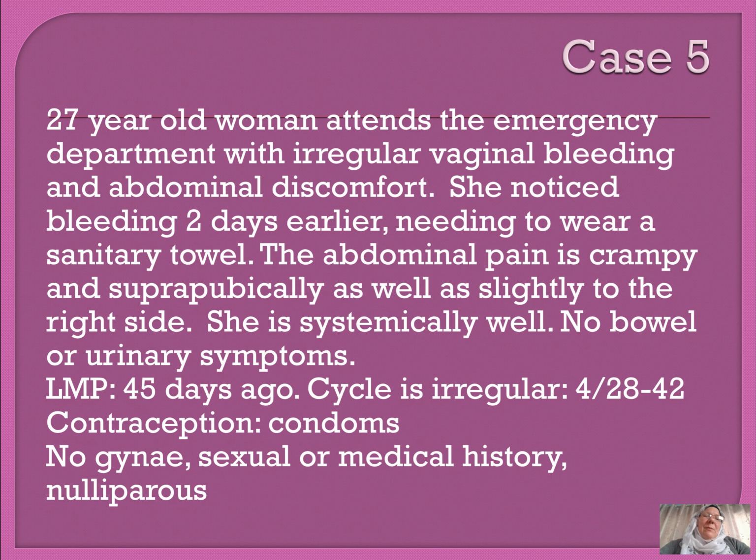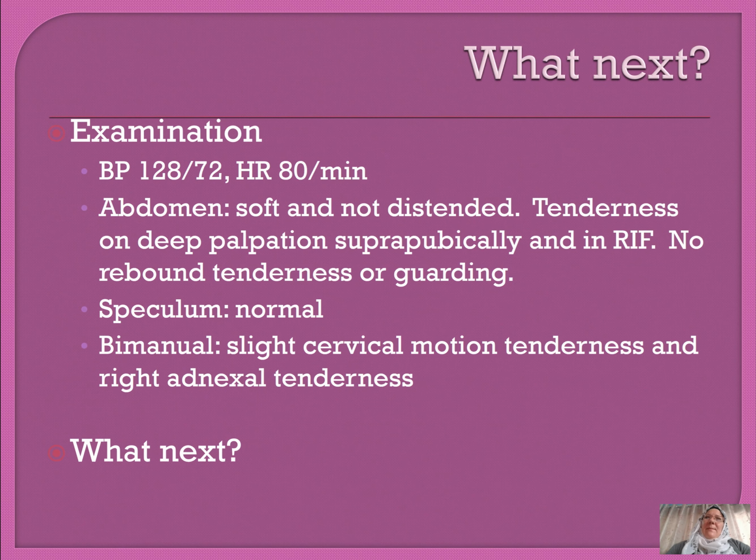Her last menstrual period was roughly 45 days ago. Her cycle is irregular, where she bleeds 4 days every 28 to 42 days, so she didn't pay attention when it was delayed by 45 days. Contraception, she uses condoms. She has no other gynae, sexual or medical history, and she's nulliparous, but she's married.